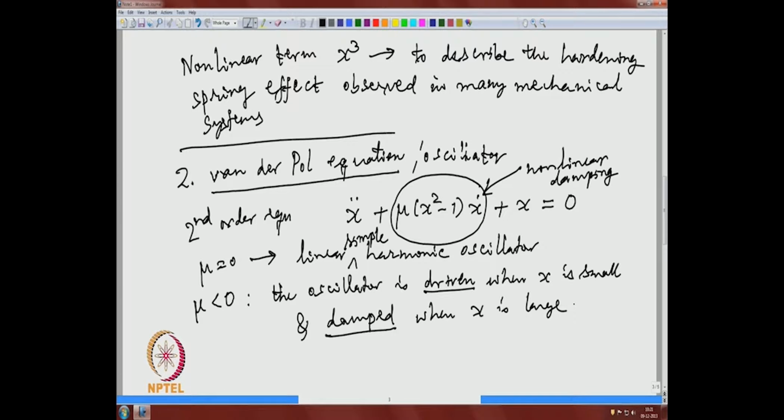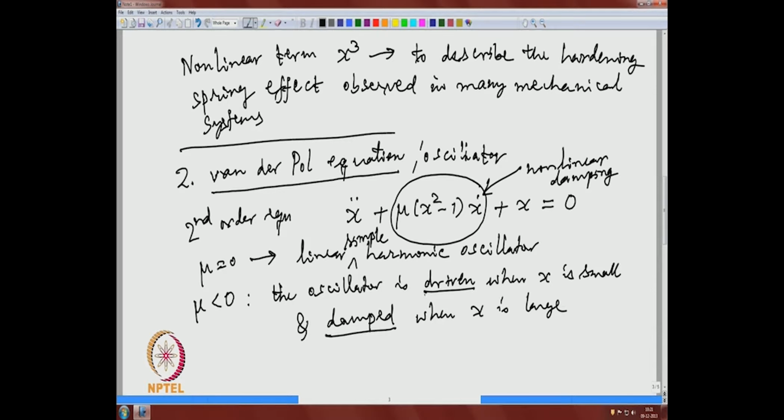Okay. So, when x is small, this x square minus 1 is negative and I have mu negative. So, this whole thing will become positive, and that will produce exponential terms with positive terms. Okay.